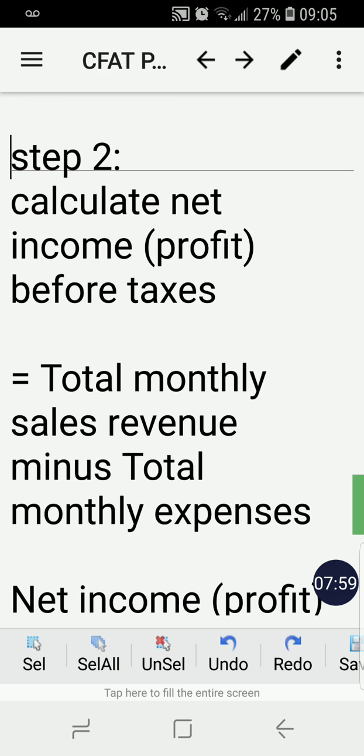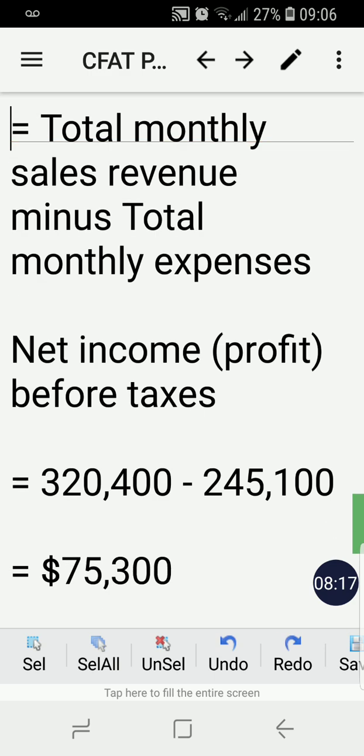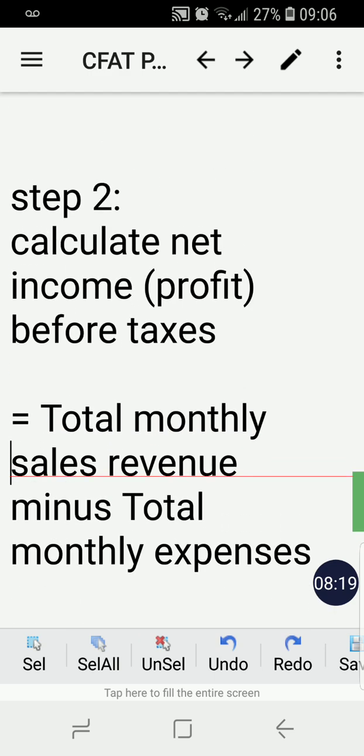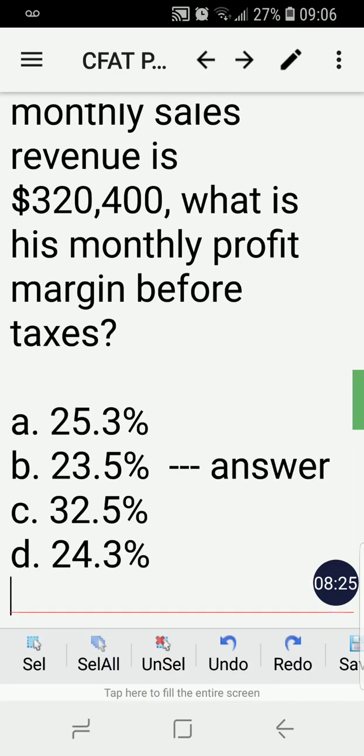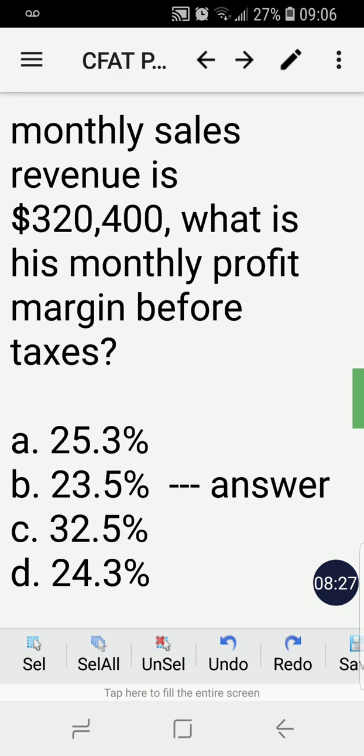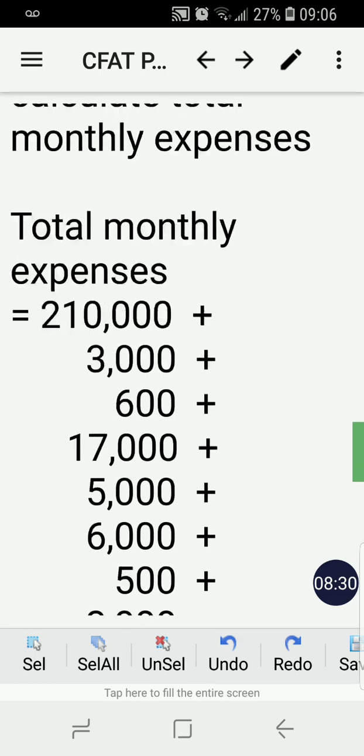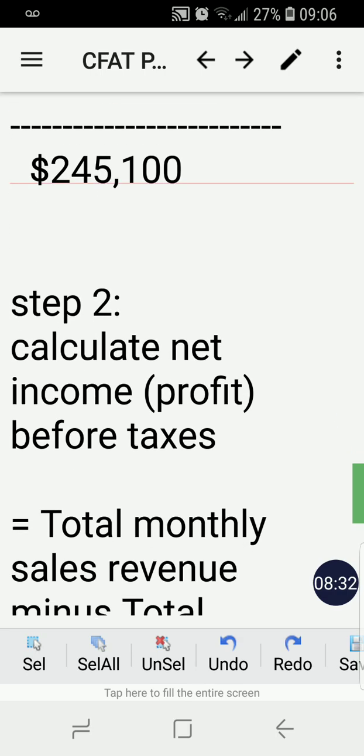Step 2 now is to calculate the net income, or the profit before taxes. So the net income is equal to the total monthly sales revenue minus the total monthly expenses. We are given the total monthly sales revenue to be 320,400, and we just calculated the total monthly expenses of 245,100.